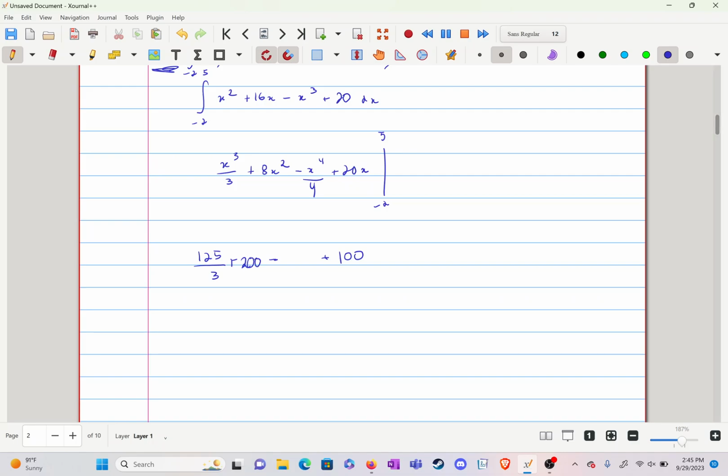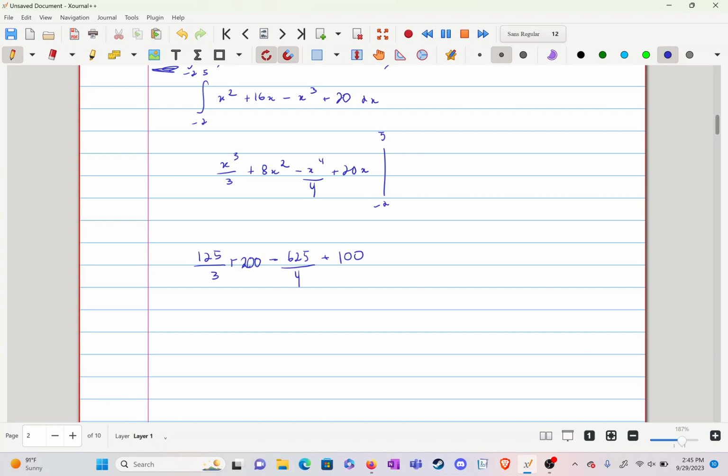And here we go. Now this is the harder one. So 5 cubed is 125. So it should be 625, 5 to the 4th. Let's double check that. So it is indeed 625 divided by 4. Probably not divisible. It's not. So it's minus 625 over 4.